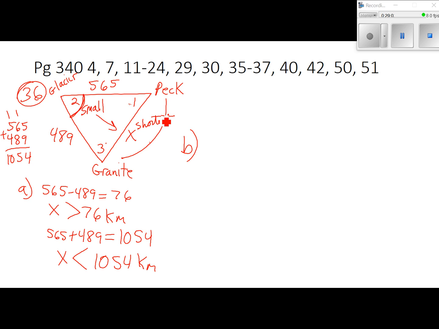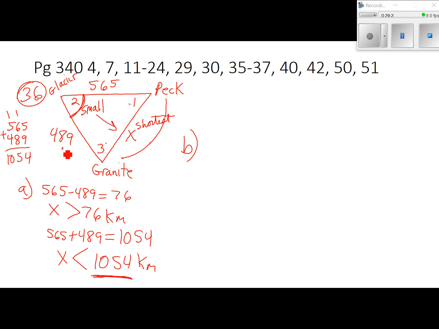And if it's the shortest side in the triangle, then we know that it can't be anywhere near that. It can't go up to like 1053 or something because it's got to be the shortest. Well, if it's got to be the shortest, then the highest it can possibly be is 489.